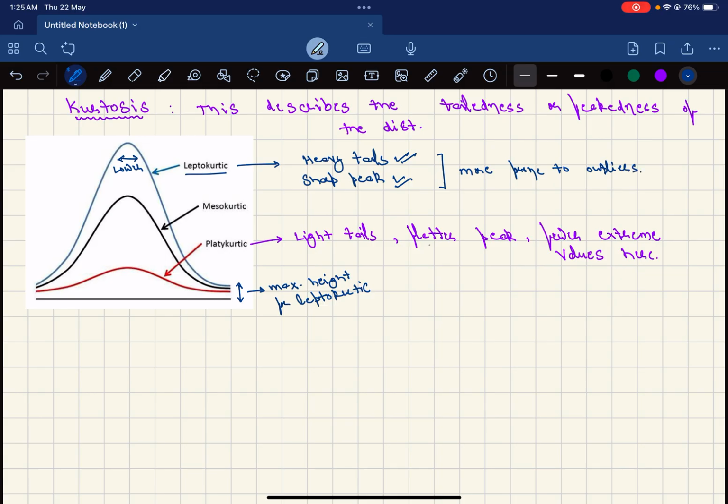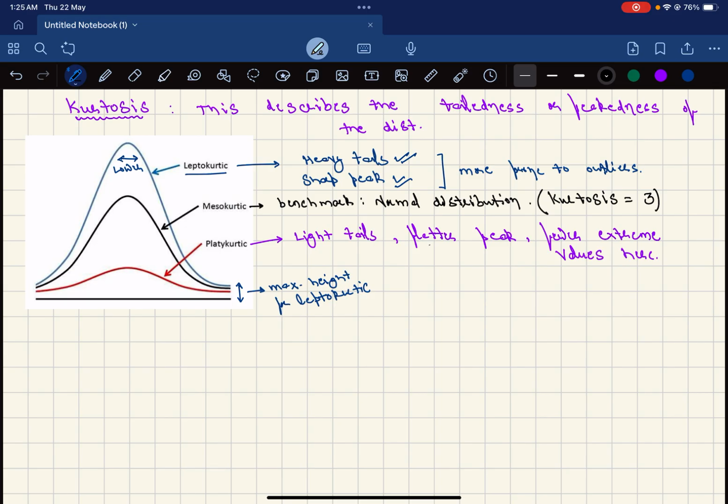Now this mesokurtic distribution is like a benchmark, and this is for a normal distribution. So a normal distribution, which is a bell curve shape, has a mesokurtic kurtosis, and the kurtosis value itself for a normal distribution is not equal to 0, it is equal to 3.